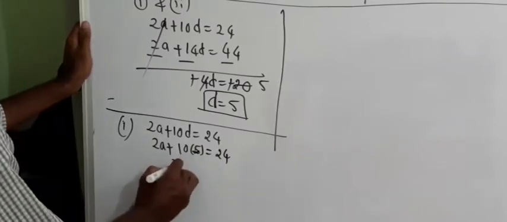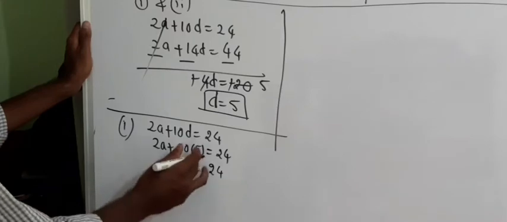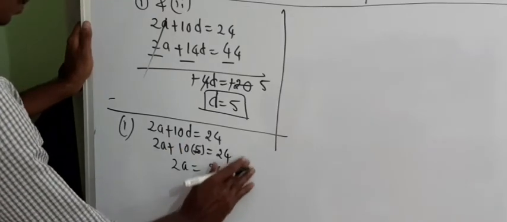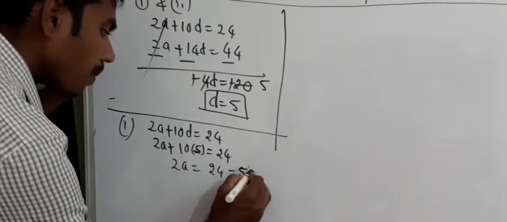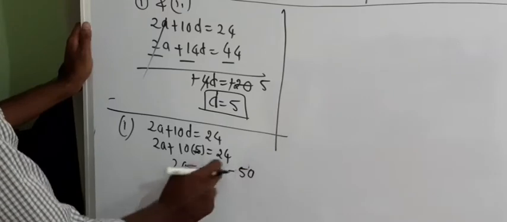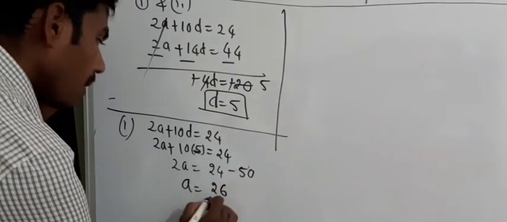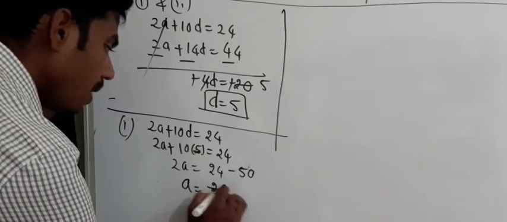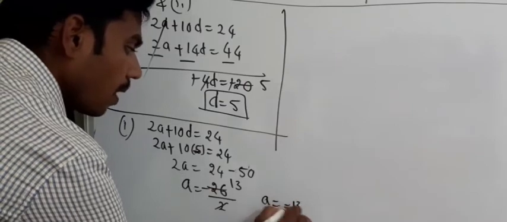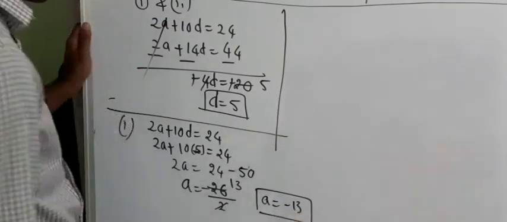So 2A is equal to 24 minus 50, that is minus 26. Or else A is equal to minus 26 divided by 2, that is minus 13. I got A as minus 13 and D as 5.